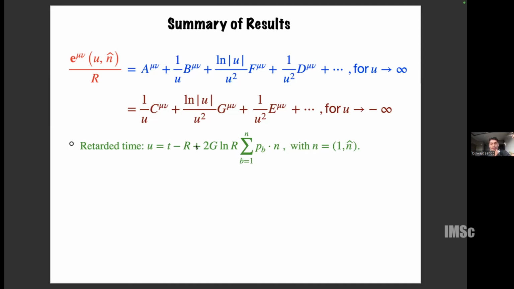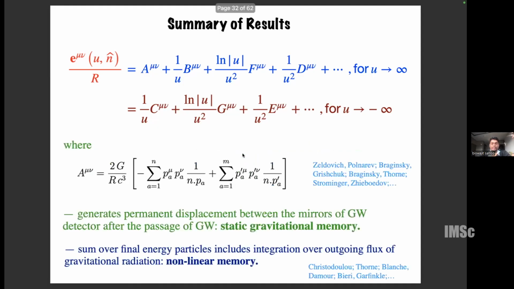I also explicitly wrote down the gravitational time delay contribution, which is determined only by the outgoing particles' momenta. Now, what are the physical interpretations of this gravitational waveform expansion at large u? This A mu nu has been known since the 90s, and as you can see, it is exactly proportional to the Weinberg-Schopf factor.